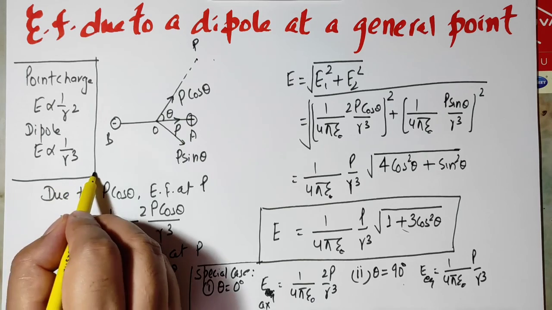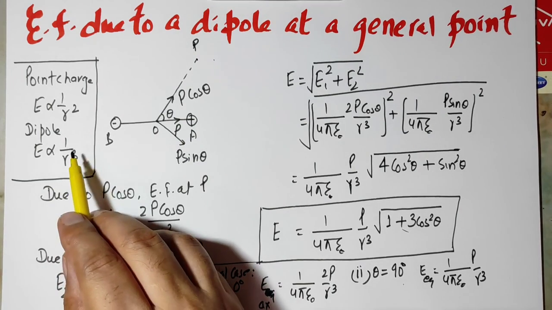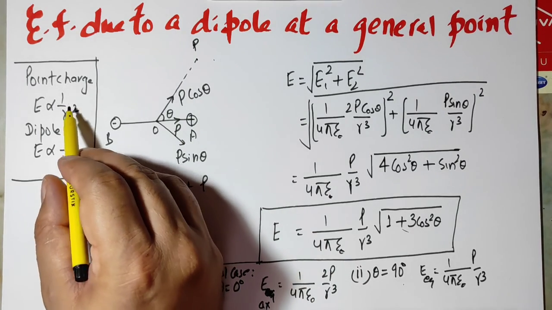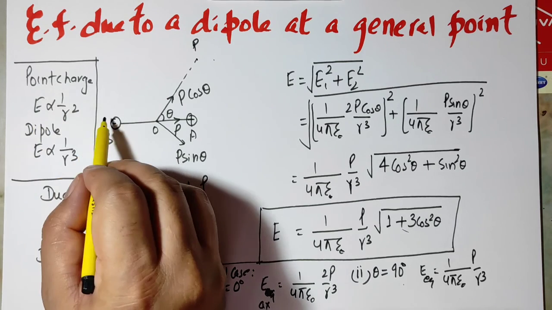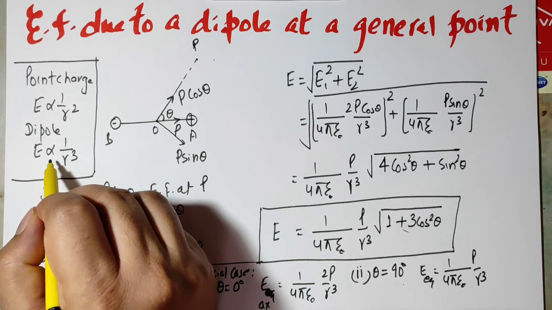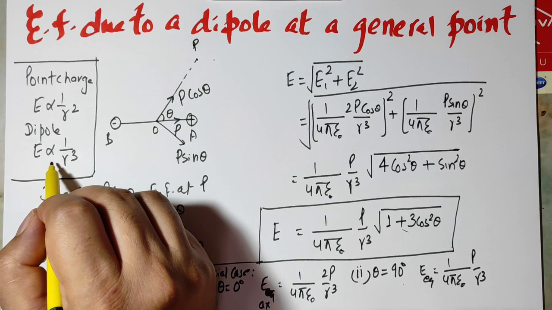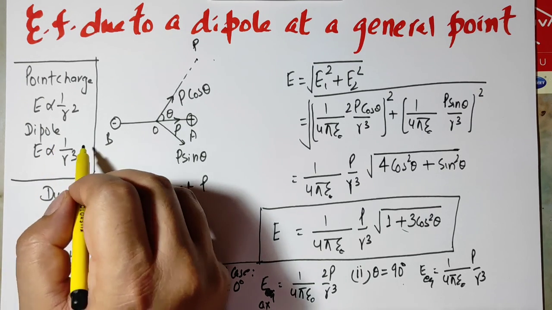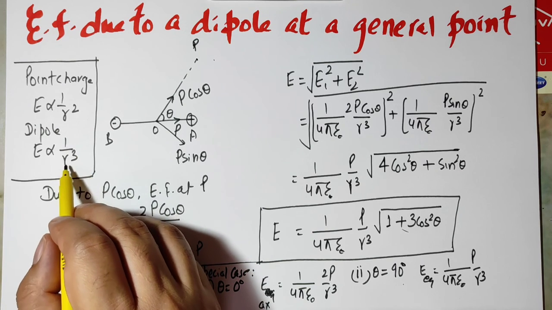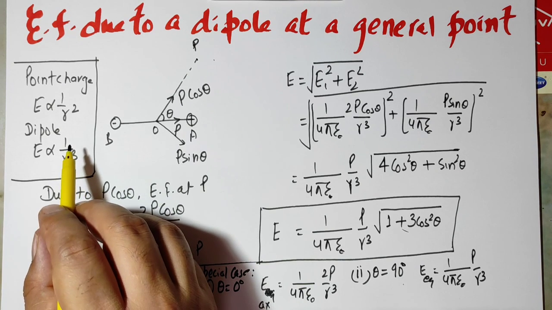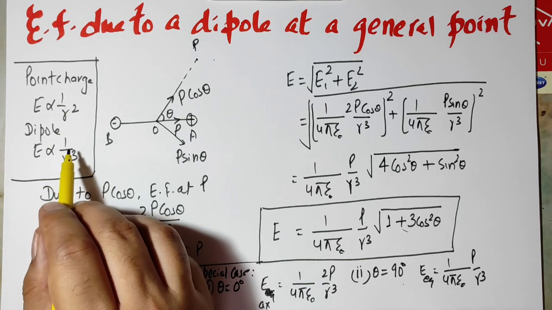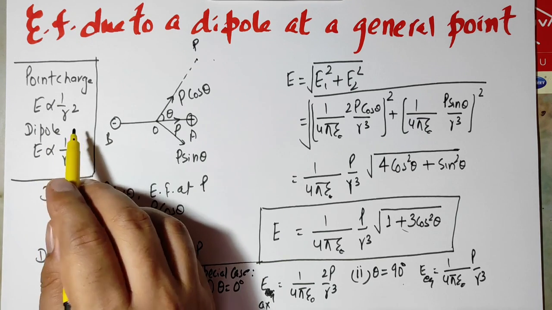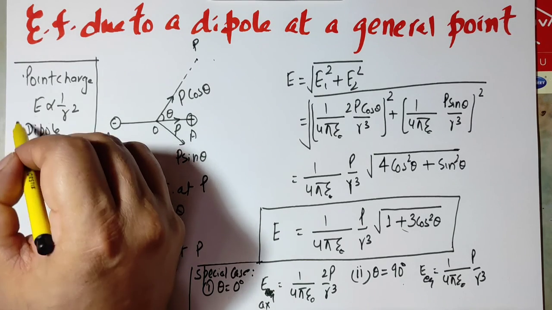What does this mean? It means that when you go away from a point charge, electric field obviously decreases, but in a dipole it decreases at an even greater rate, because it is now inversely proportional to r cube. So the decrease in electric field is faster in a dipole when you move away from it. Is it fine? So this is a small comparison between these two.